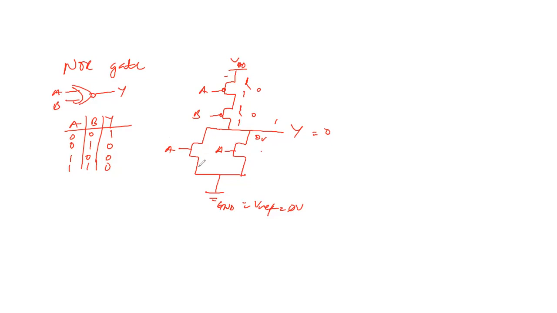So we only have the exclusive OR gate. Now for the exclusive OR gate, A, B, A, 1, 0, 0, 1, 1, 0, 1, 0.